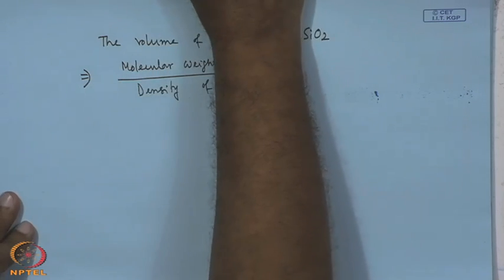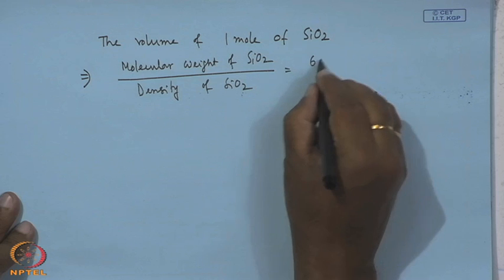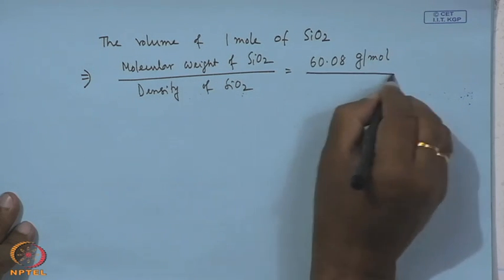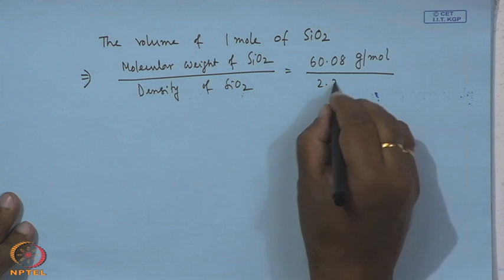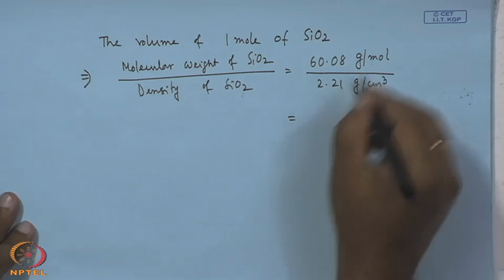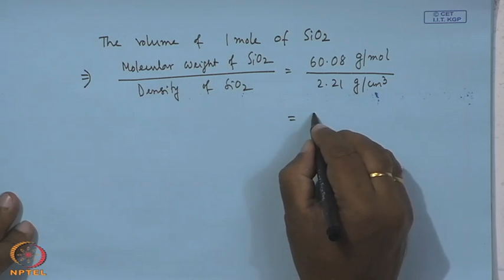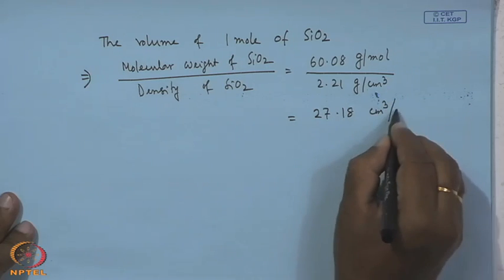In this problem it is given as 60.08 gram per mole, and the density of SiO2 is 2.21 gram per centimeter cube. With this we can calculate the volume of 1 mole of SiO2 as 27.18 centimeter cube per mole.